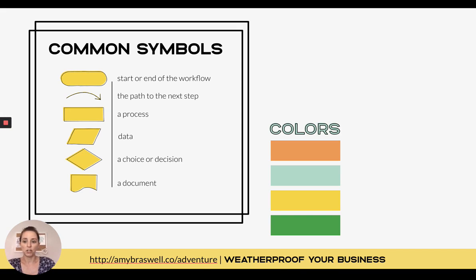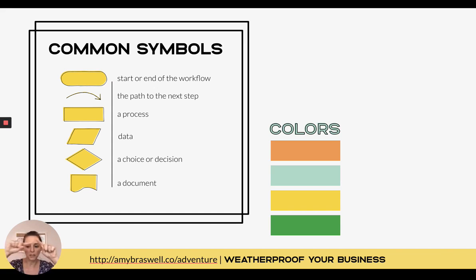Now, when you're doing your diagram, you can really do it however you want, honestly. It's whatever works for you. But if you're going to be bringing maybe non-creatives onto your team, to the left I've included some common symbols that are fairly universal with workflow language. The oval is the start or the end of a workflow.